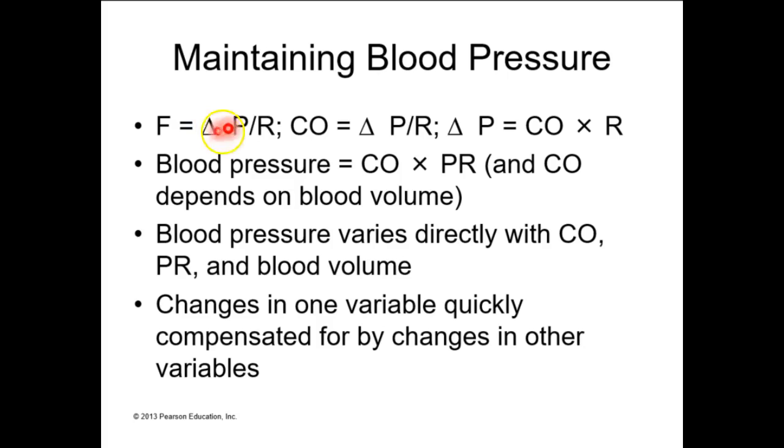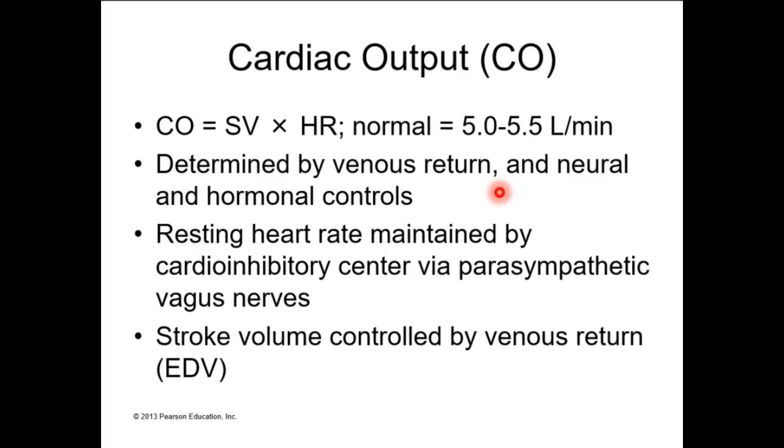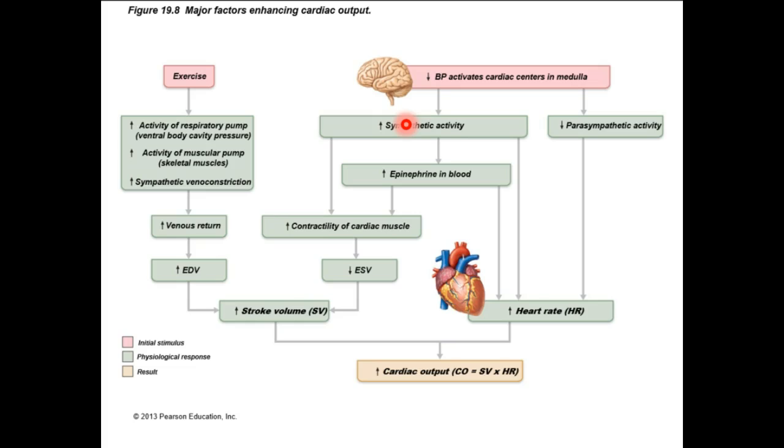And then when you increase your pressure, you increase your force directly. And again, that's going to be influenced by cardiac output and peripheral resistance. It's also going to be influenced by your end diastolic and end systolic volumes and your heart rate and everything that goes into cardiac output as well.